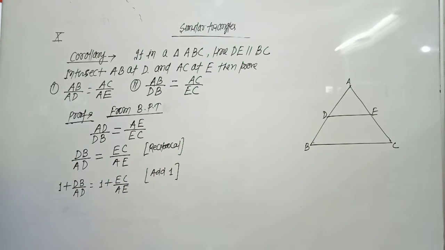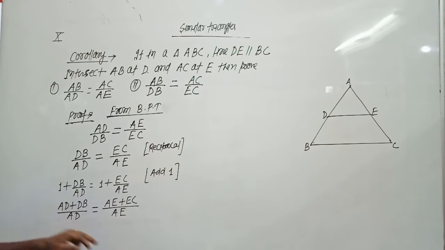Now take LCM. So it becomes AD plus DB upon AD equals to AE plus EC upon AE.